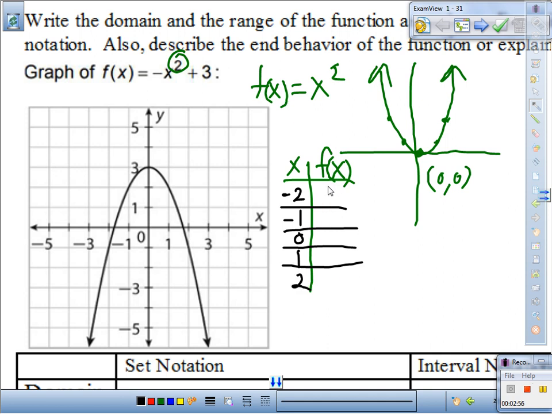So, if I substitute this in here, negative 2 squared is 4. Negative 1 squared is 1, 0. 1 squared is 1. 2 squared is 4. So to graph this is negative 1, 1. It's right there. Negative 2, 4 is right there. And the same thing for this side. 1, 1, and 2, 4. And that's how you get those points.